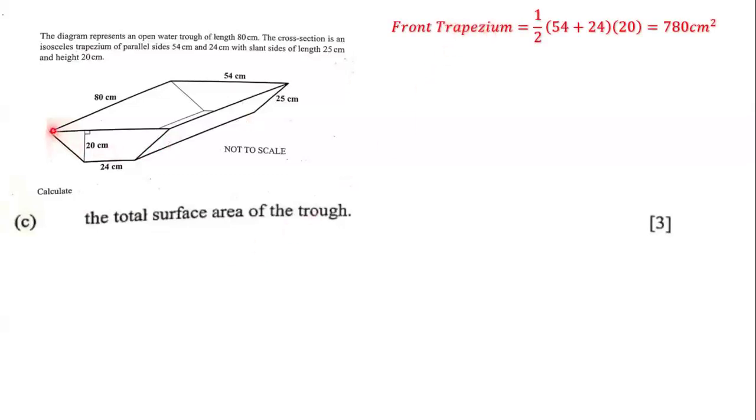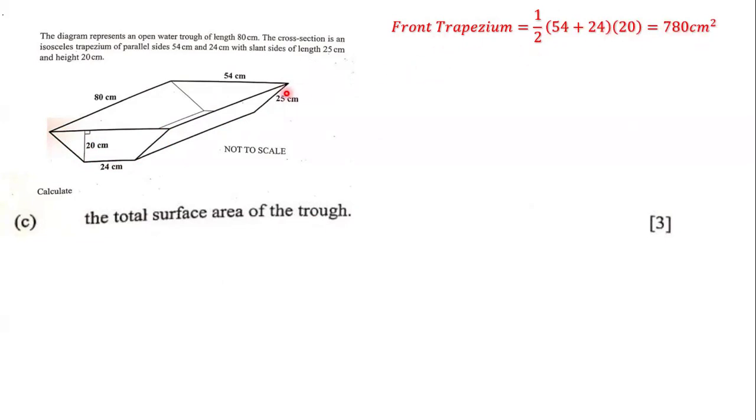This is the front trapezium right here. A is 54, B is 24, that's why we have 54 plus 24, and the height is 20. When we perform the calculation, we get 780 centimeters squared. That's the area of the front trapezium.